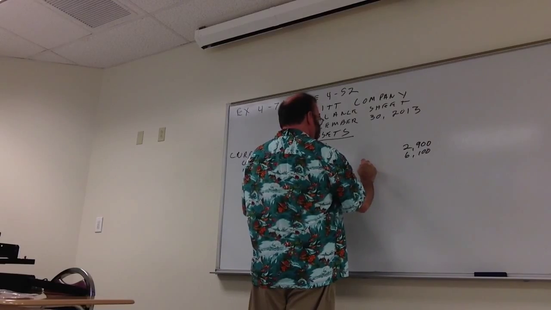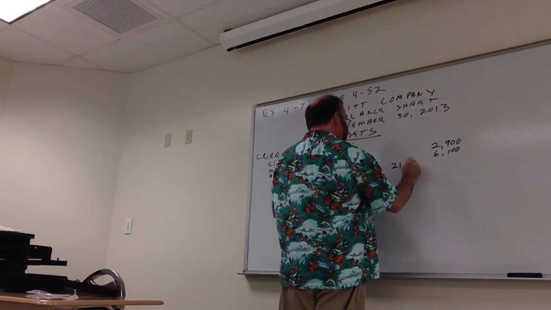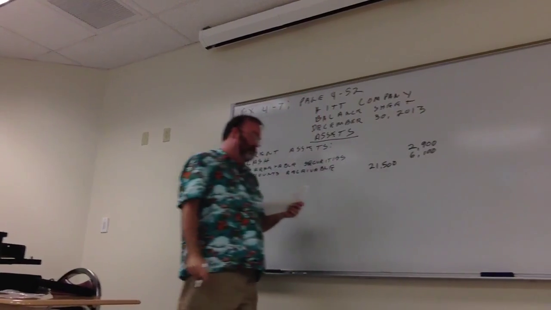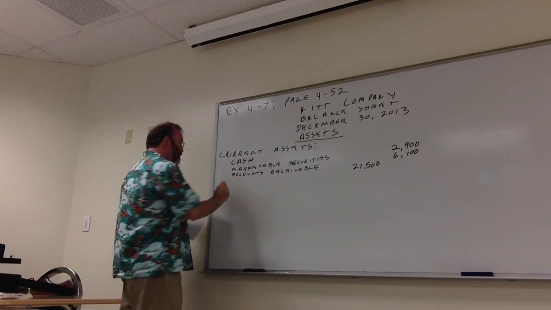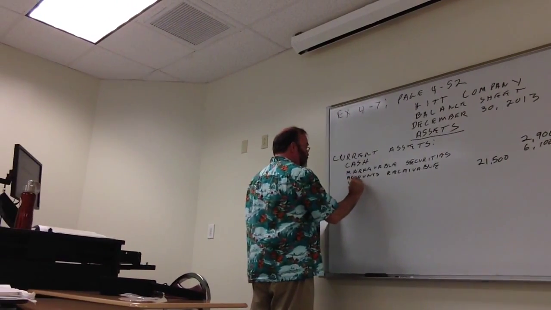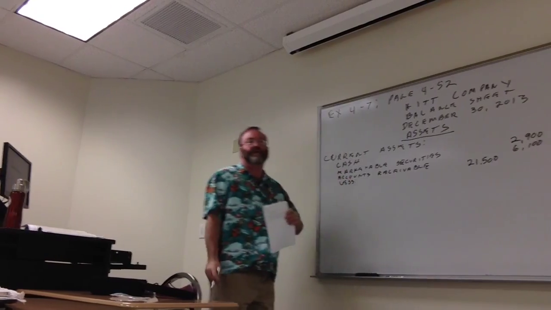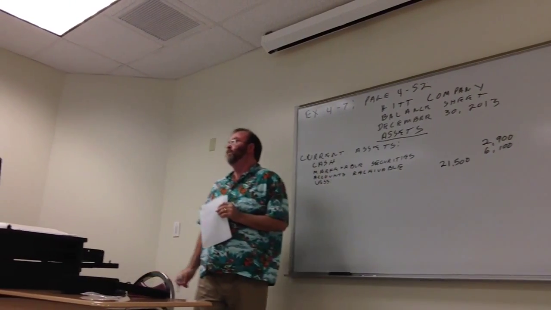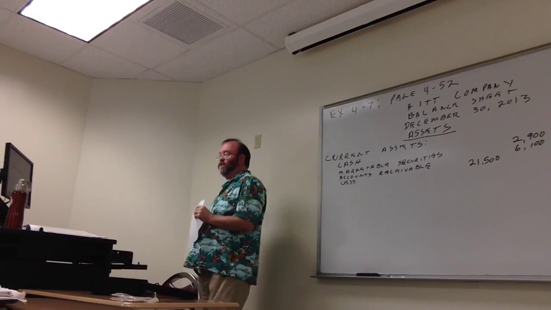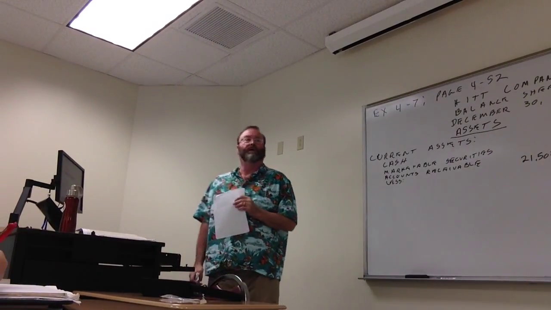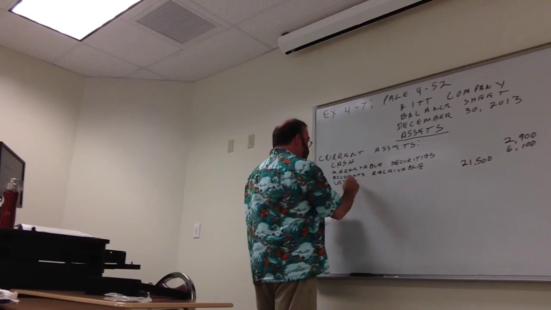And we have 21,500 of accounts receivable. But from that, we need to subtract a contra asset account that is related to accounts receivable. The allowance for doubtful accounts, precisely.